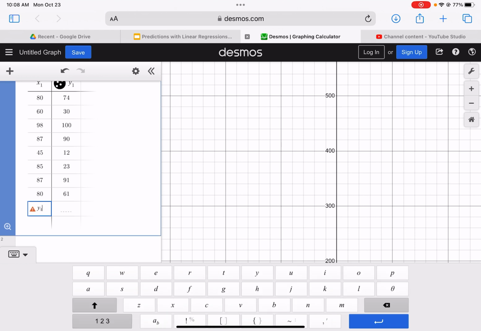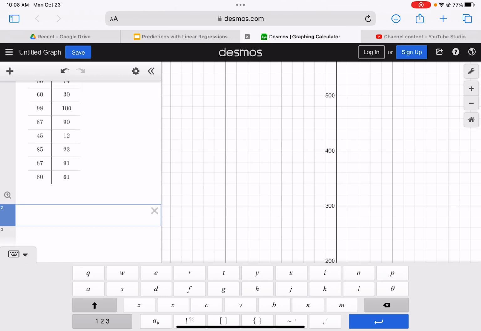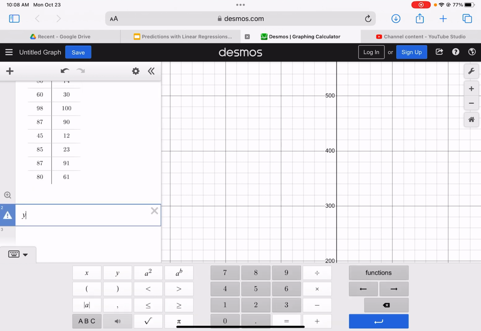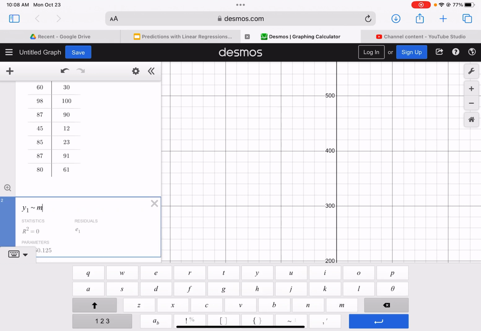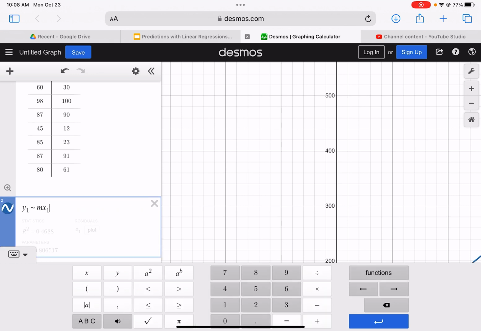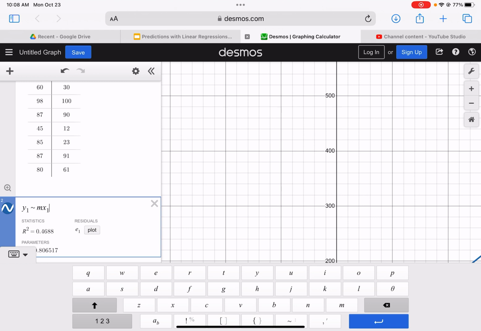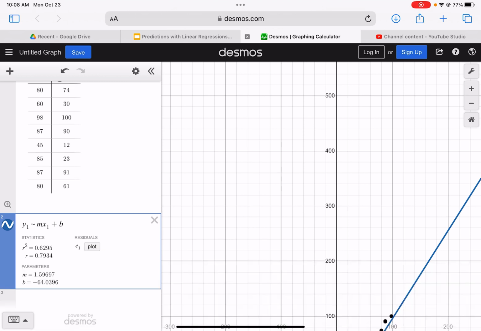Oh my goodness. We're all over the board here. All right. Y1 is almost equal to mx1. See how I caught my own typo? Make sure you can do that. You won't have me to catch your typos on a test.